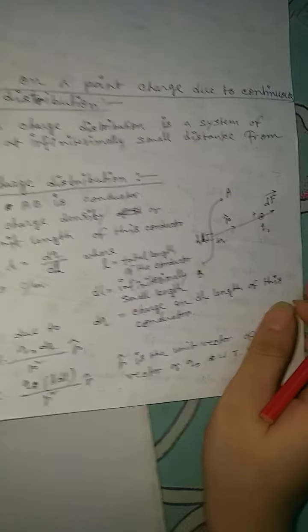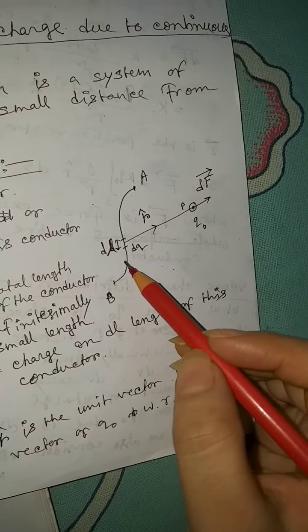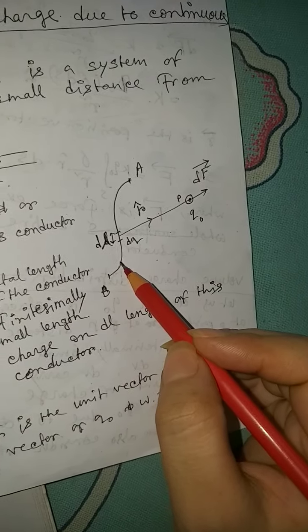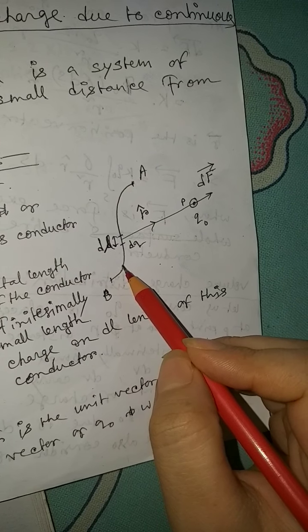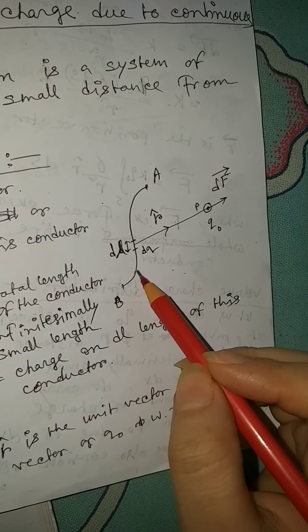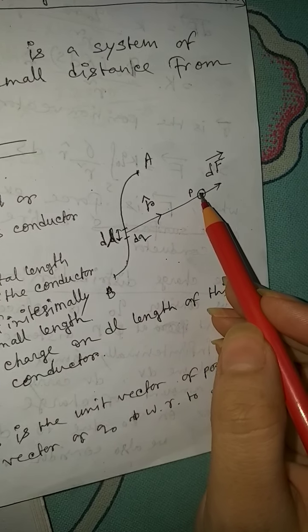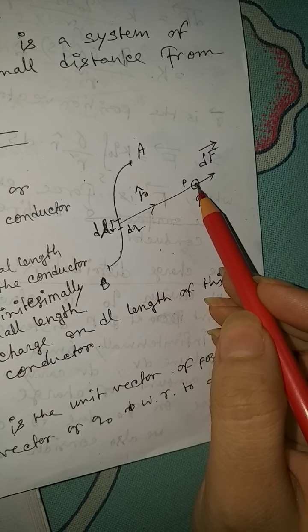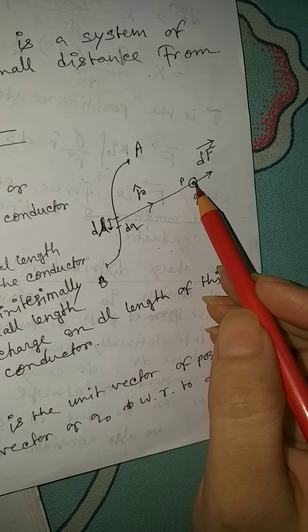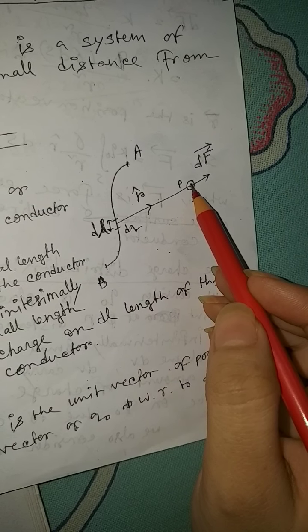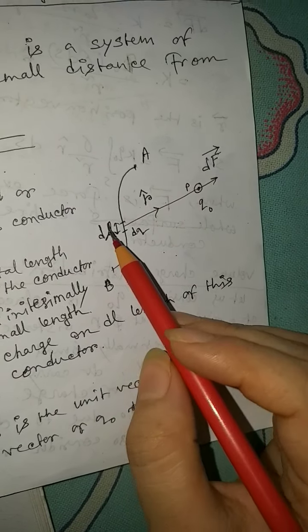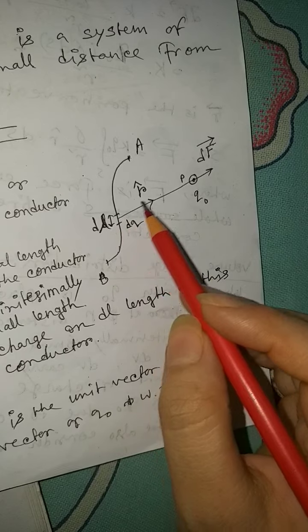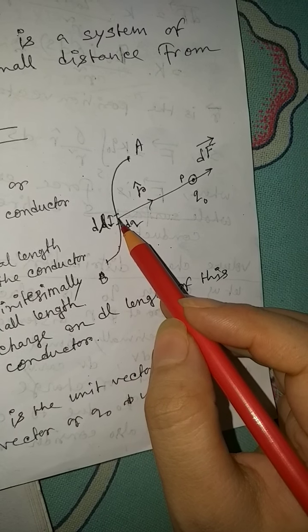Okay. So here you can see, for this charged wire I am going to find what is the value of force at point P, which is r distance from this wire.